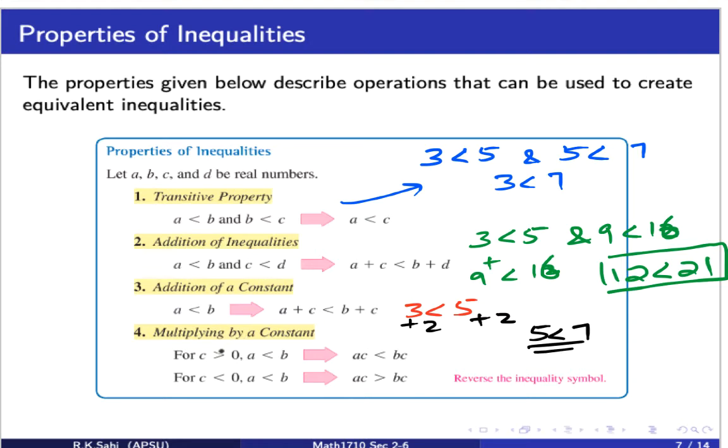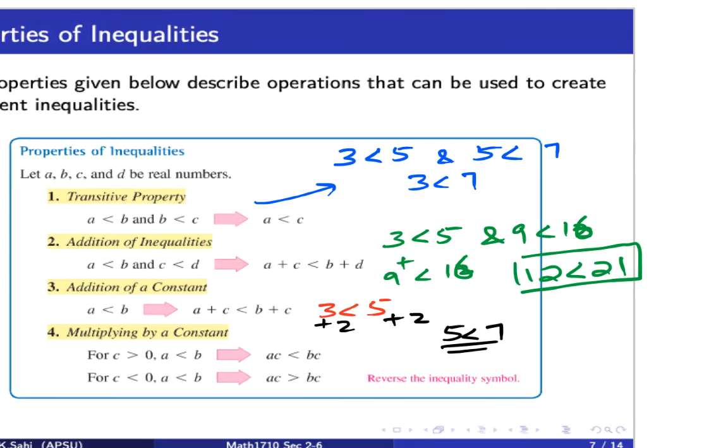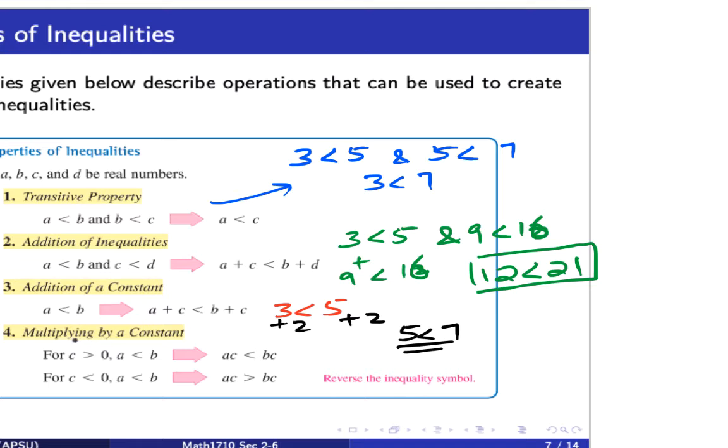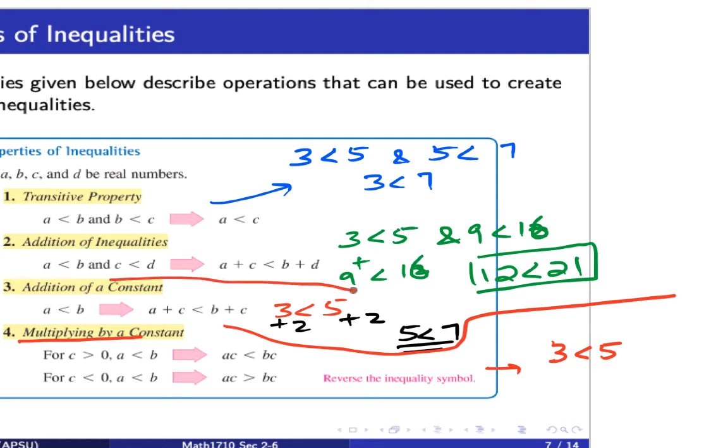Now, when you multiply by a constant, that's a very different story. You've got to be very, very careful over here. So I'm going to get us more space to show this multiplication by a constant. Let's go to our classic idea that 3 is less than 5.